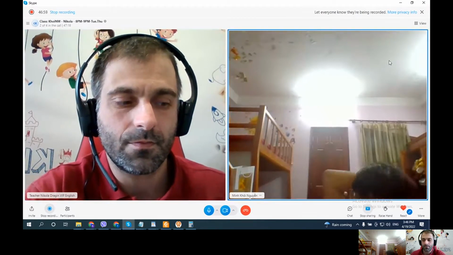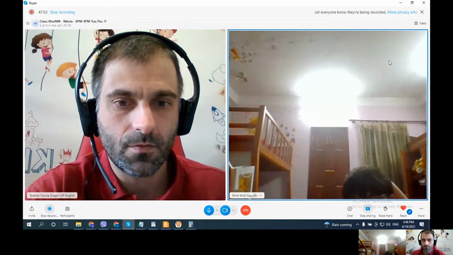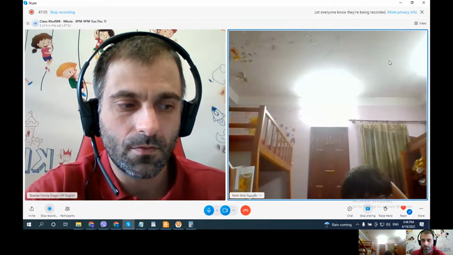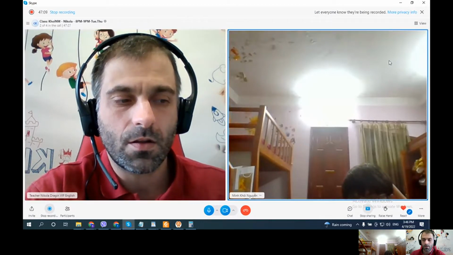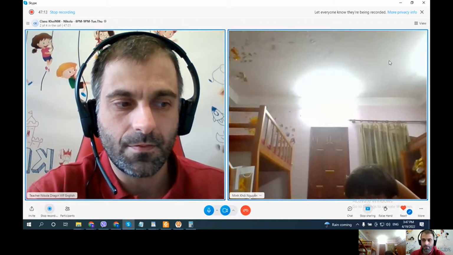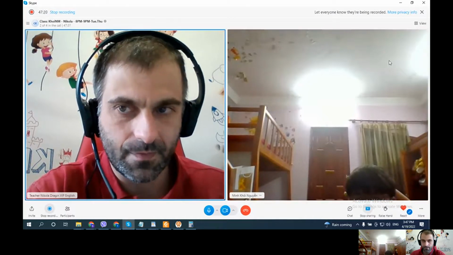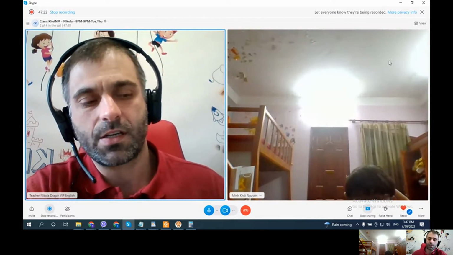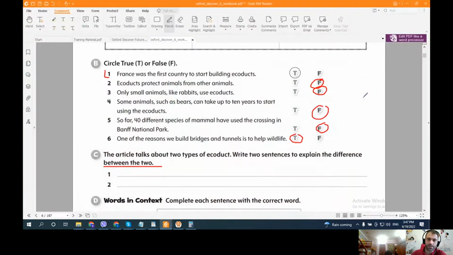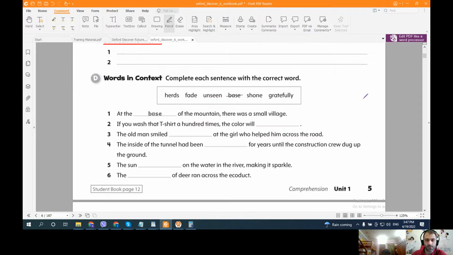So one of them is to help animals cross the road, and also the other aqueduct is to avoid animals from hazardous things. Okay, very nice. Hazardous things. Very nice.